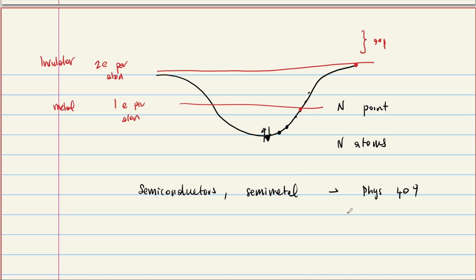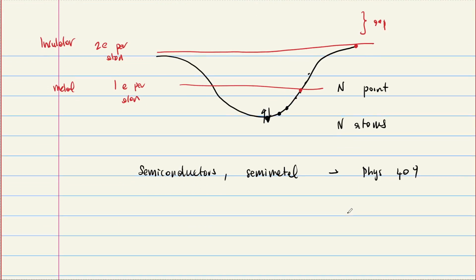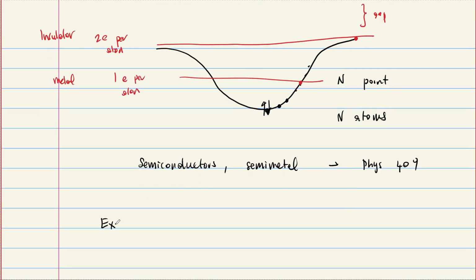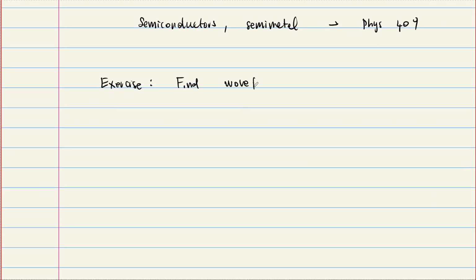Okay? And as an exercise, we solved the Schrödinger equation, we found the energy. As an exercise, we actually solved the problem, you just need to plug it in, find wave functions for each band and Q, and plot in the unit cell and see how it looks.